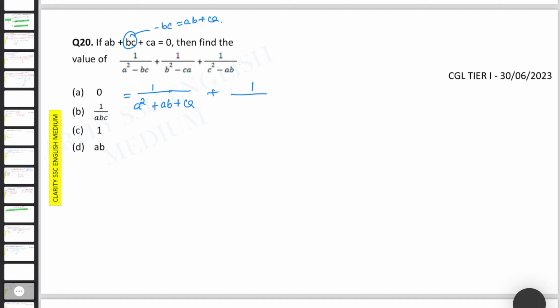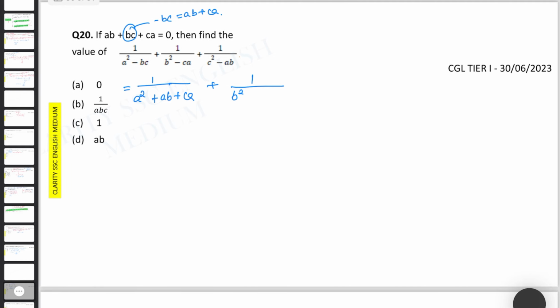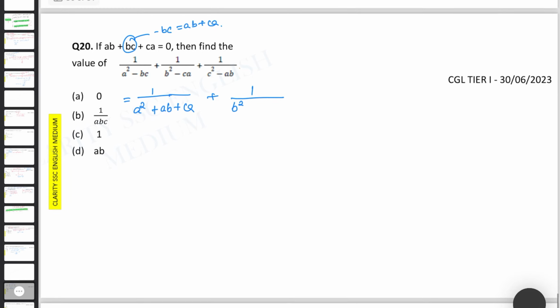And here, b square, what is the value of minus ca? Minus ca will be equal to ab plus bc. And again here, what will be the value of minus ab? The value of minus ab will be bc plus ca.